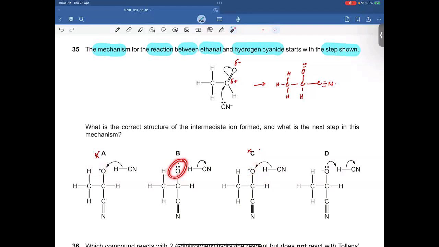Now this is an intermediate anion, and this is also an intermediate anion, which means competition exists between B and D. B is incorrect because cyanide has a triple bond, whereas this has only 2 bonds. It has to be 3 bonds between carbon and nitrogen. So the right answer is going to be D.